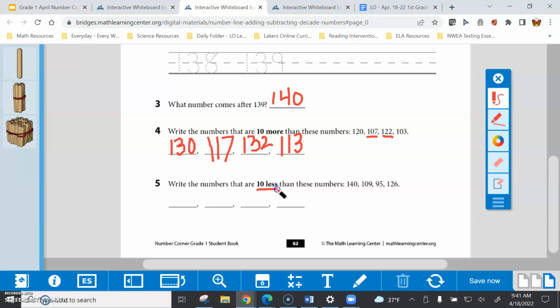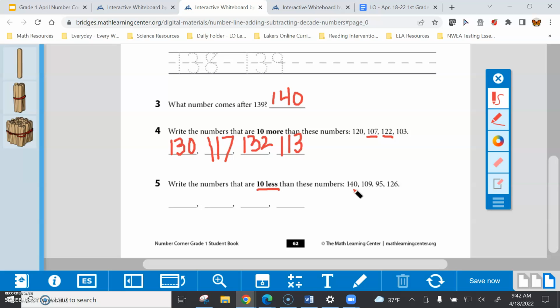Now, you're going to do the same thing with the numbers on the bottom, but instead of adding 10 more to each one of them, you're going to add 10 less. That means you take away 10. So we're still going to have our 10 fingers up, but we're going to be counting backwards instead of forward. So if we have 140, we're going to count back 10 to 10 less than 140.